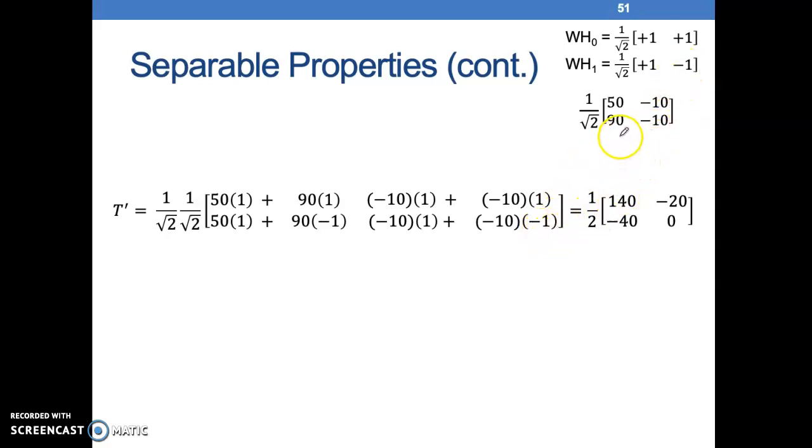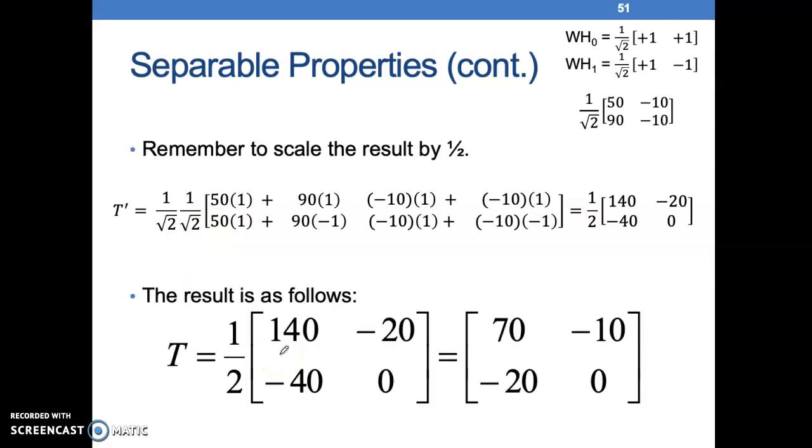So first you do the rows, second you do the columns. Then you will get this. So the result will be this. You simplify, and you will get this.